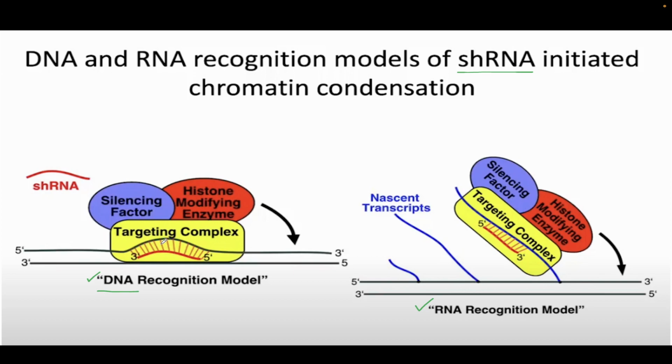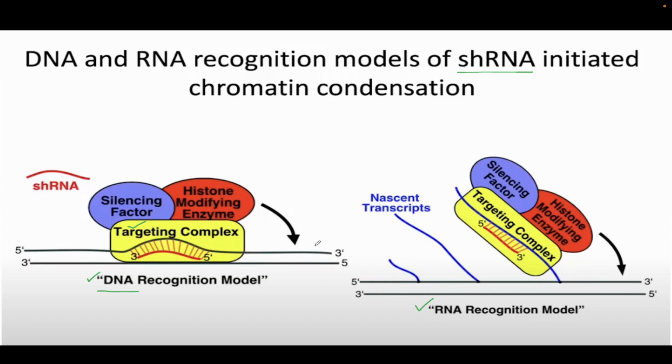This is not a single process, there are multiple processes involved, but how shRNA interacts is the question here. So in the case of the DNA recognition model, it pairs with the template strand of the target complex. Here we want to repress this particular gene, so it will form double stranded base pairing, and that will lead to silencing of that particular gene.